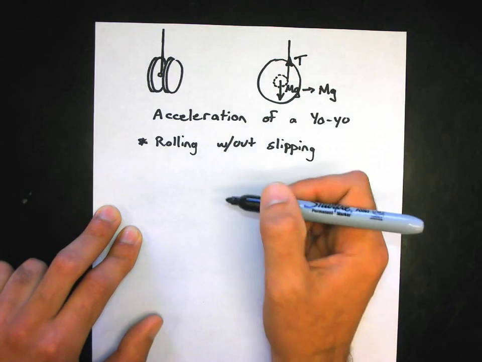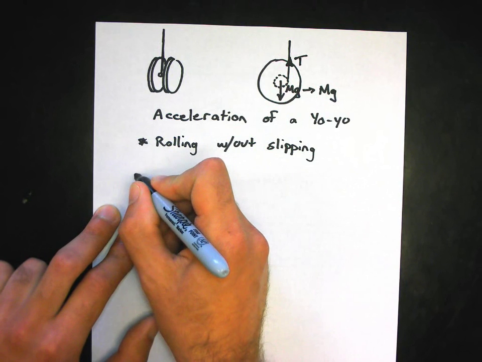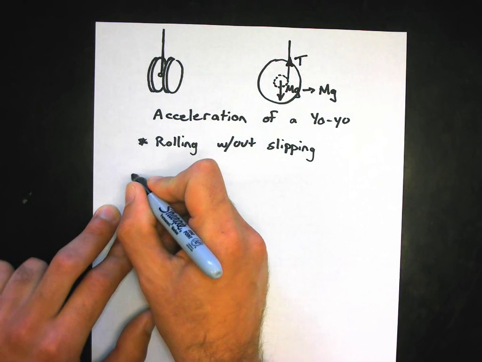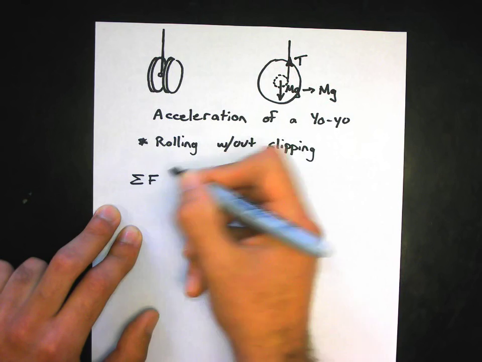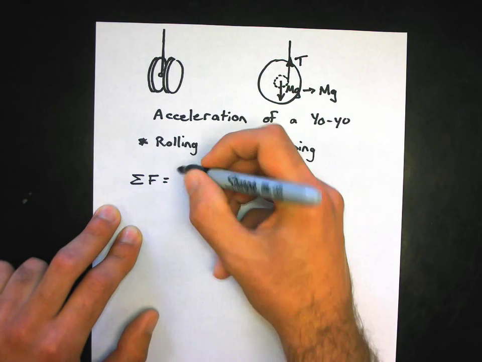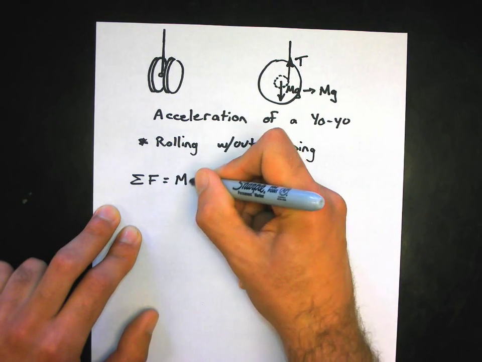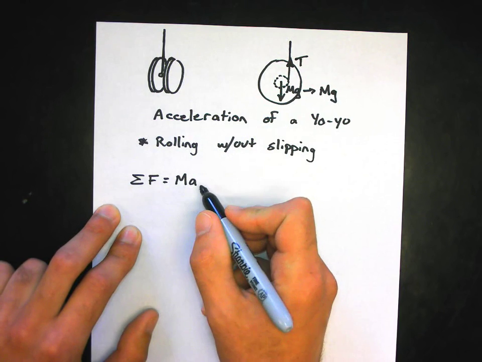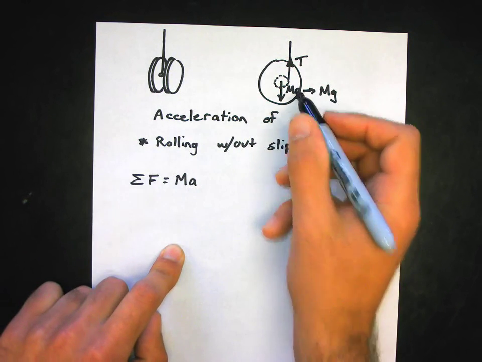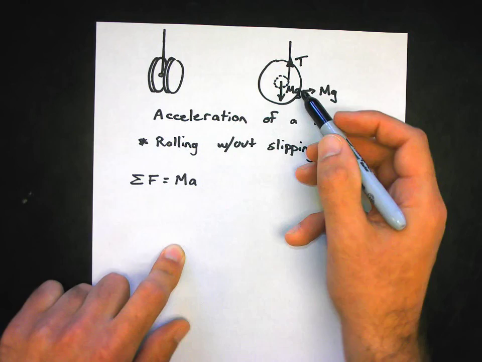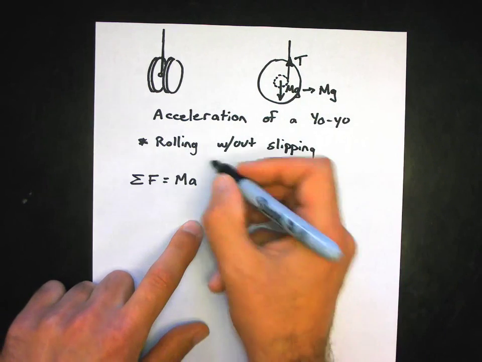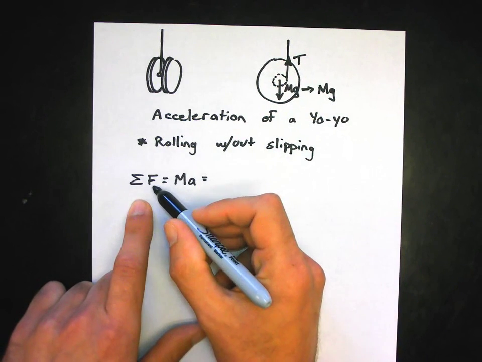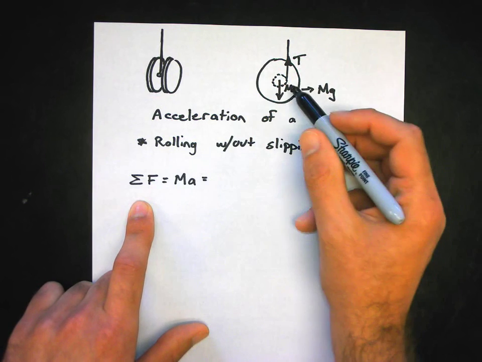So now that we have our force diagram, we can look at Newton's second law, or that sum of the forces. We know that F equals mass times acceleration. And this is the total mass and total acceleration of the system. So total acceleration of that yo-yo falling down. Then I want to add up all my forces.